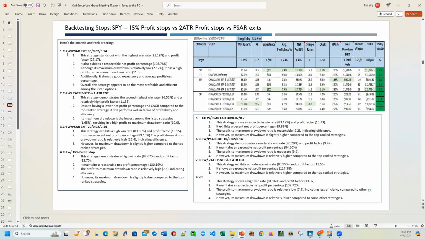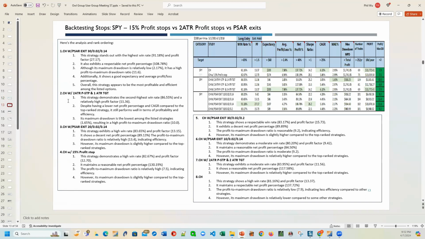It looked like the channeling with the PSAR exit with a 30 period and the standard acceleration, 0.02 and 0.14, acceleration factor and acceleration limit, gave the highest win rate, and then a profit factor, and a good net profit percentage, and so forth.